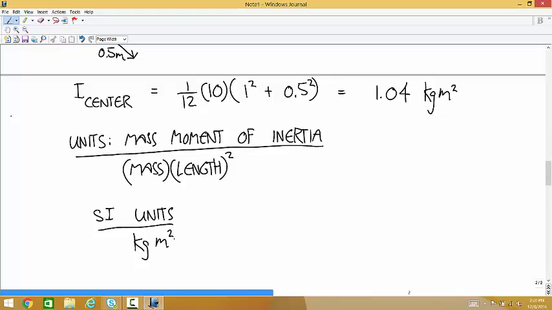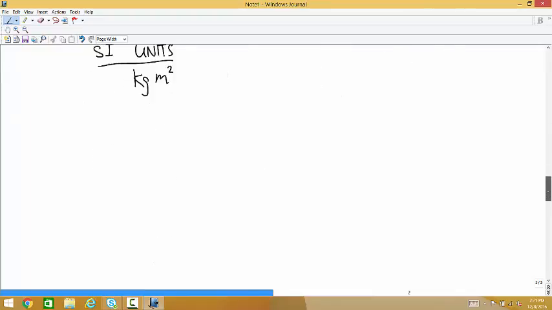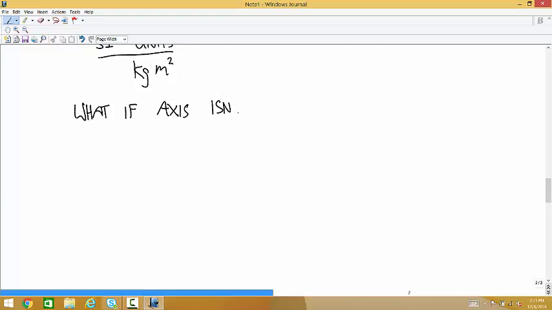You could put that bolt anywhere in that rectangle you want. And wherever that bolt is, you need to calculate the moment of inertia around that point. So what if that bolt isn't in the center? So what if the axis isn't at the center?